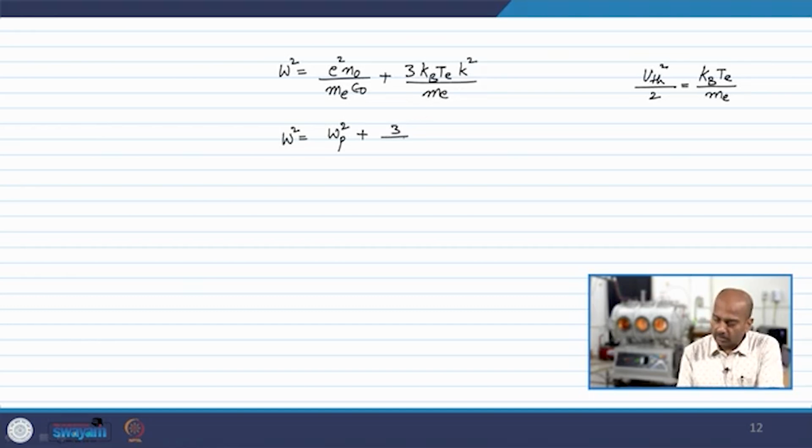So, it can be written as 3 by 2 v_th square k square, right. So, this is the expression.